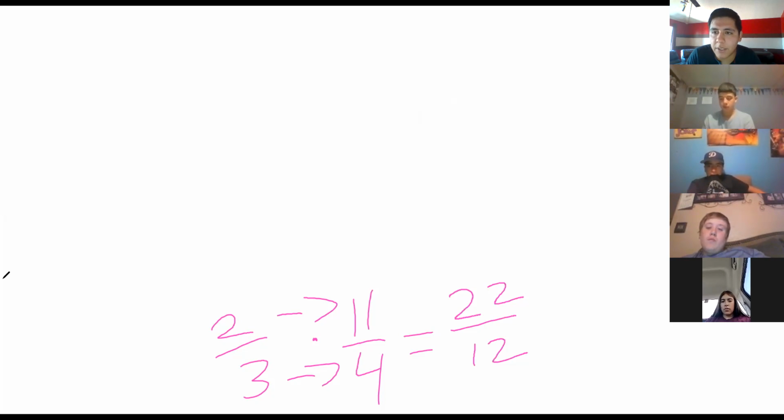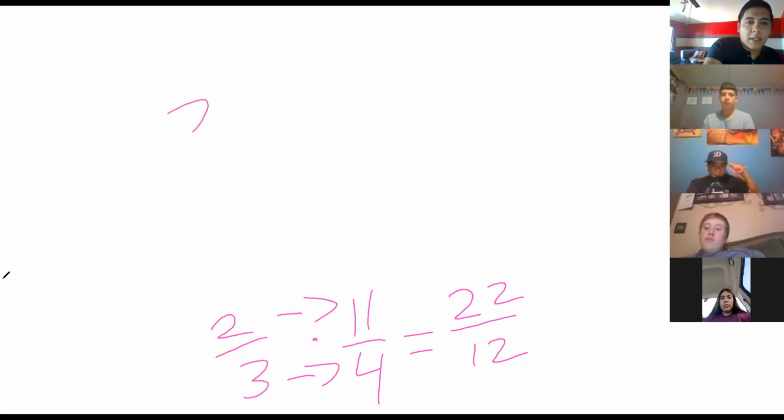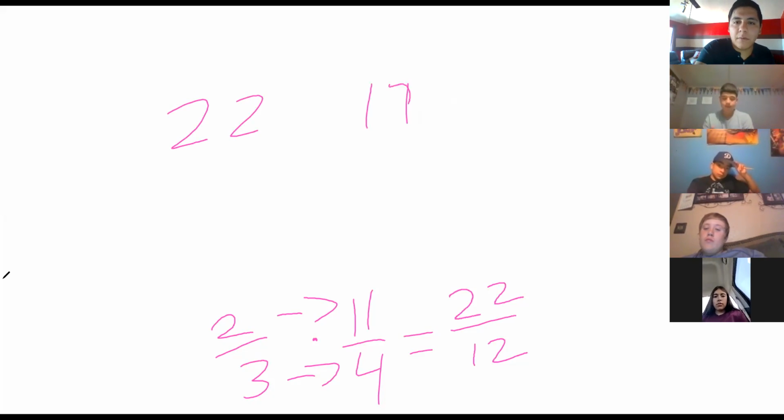If it's not reduced, it's not a wrong answer. It's correct. But in most tests, if it's multiple choice, the answer choice is going to be the simplest form. That's why we do it, because we need to recognize what the fraction is the same as. So I'm going to list the factors of 22 and 12.